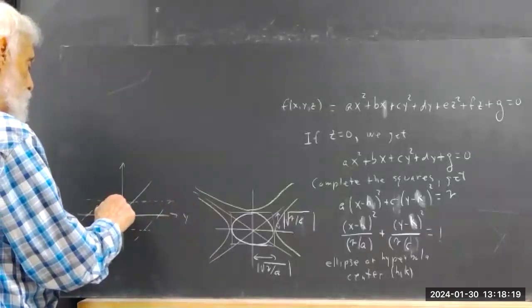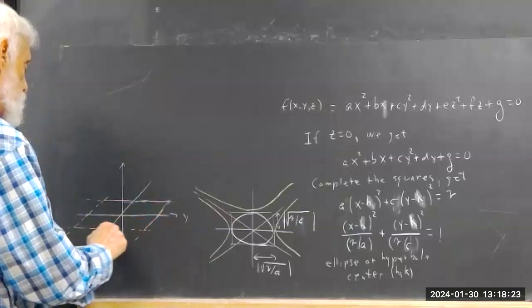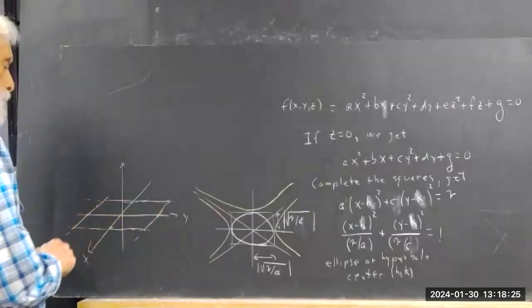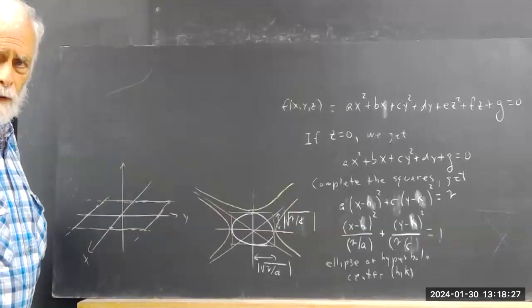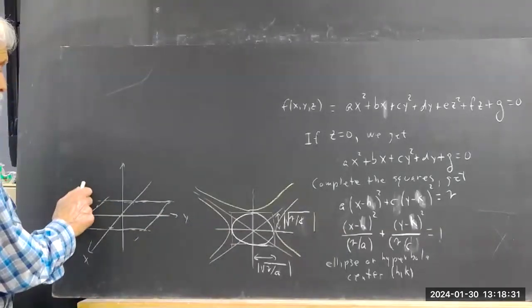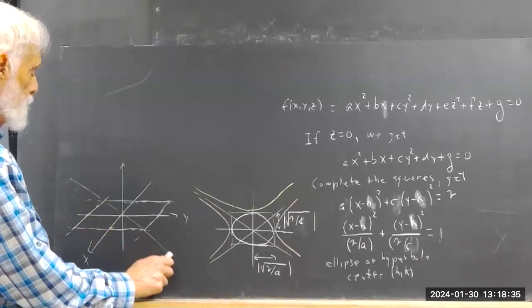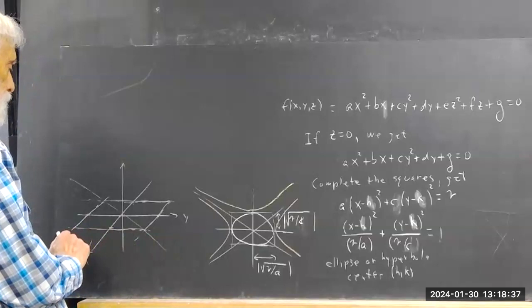And now I've got a rectangle I can use to sketch the ellipse or hyperbola. So I'll draw the asymptotes in case we have a hyperbola.